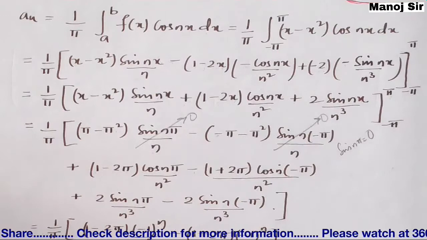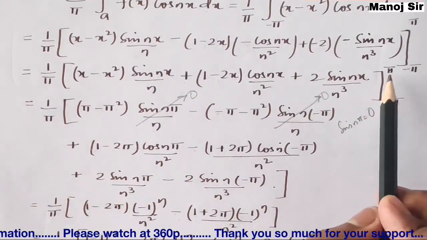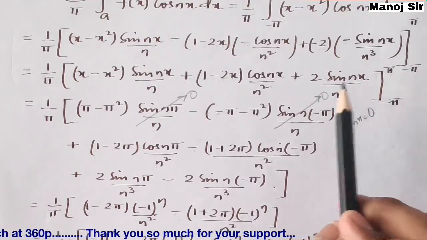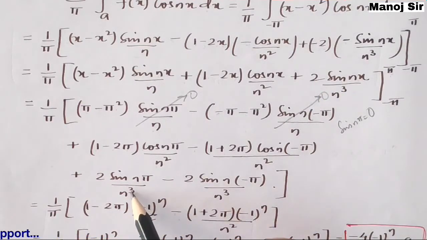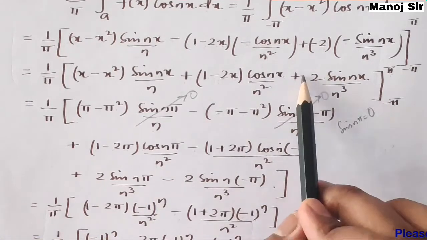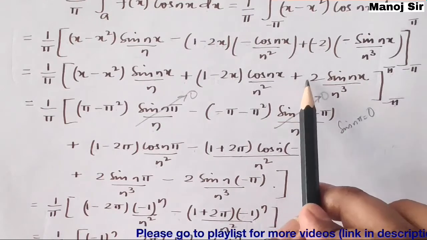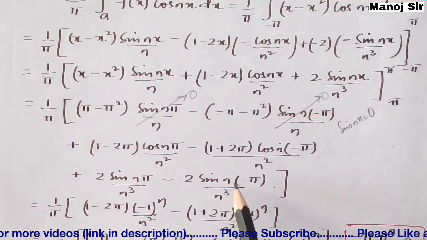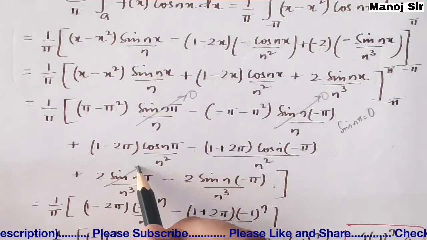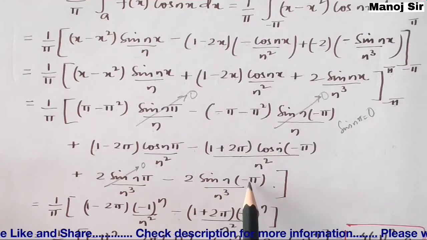Now coming to the third term, you have this upper limit as pi, that is 2 sine n pi upon n cube. Upper limit positive, lower limit negative. Again put minus pi in place of x. This is going to be minus of 2 sine n minus pi upon n cube. Again this is going to be 0 because sine n pi is 0.